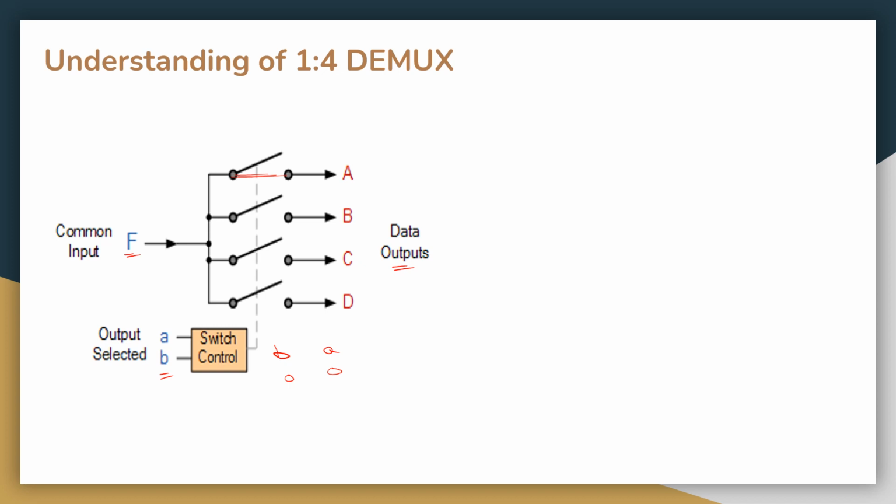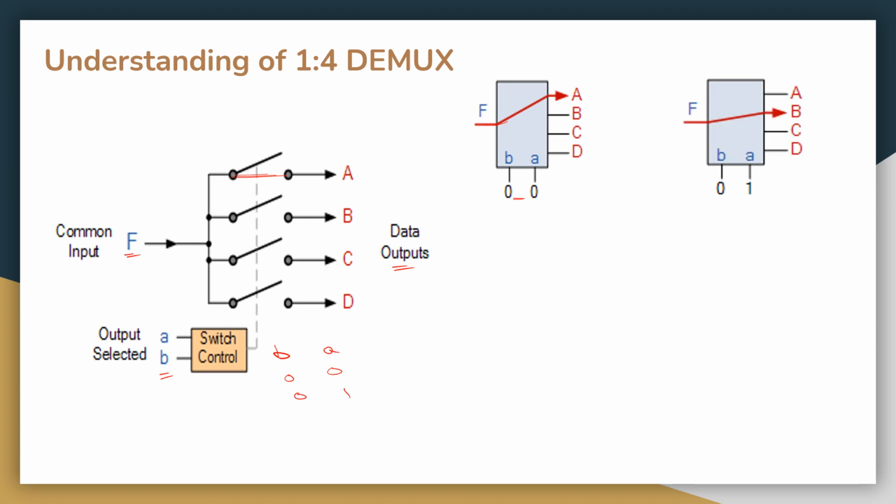So now see, if A and B values are 0, 0, then the switch is closed, then the input is forwarded to A. And one more option for A and B values is 0 and 1. At that time, the second switch is closed, then the input data is forwarded to B. So it is the second case, the first case was before.